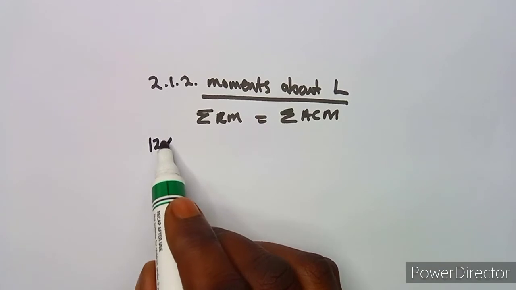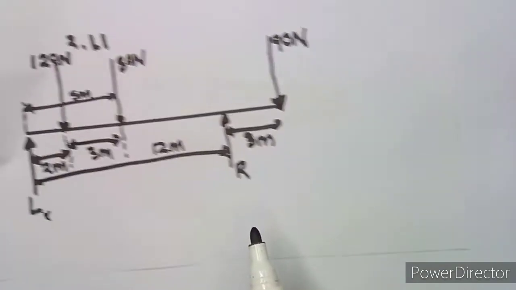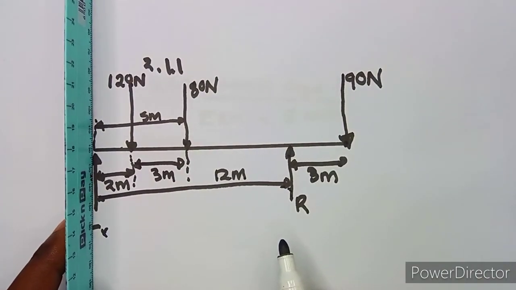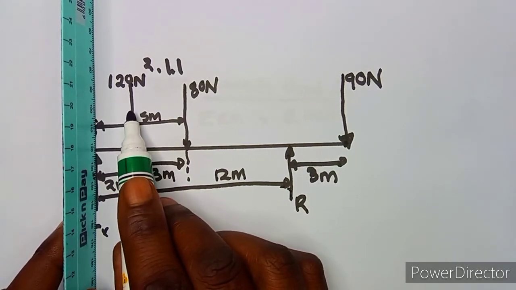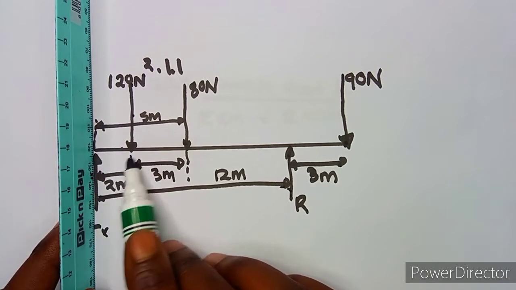So we have 12 multiplied by R, which is equal to the ones that we are going to take from each force back to L. Let's start with 120. From 120 back to L, there is a distance of 2 meters.